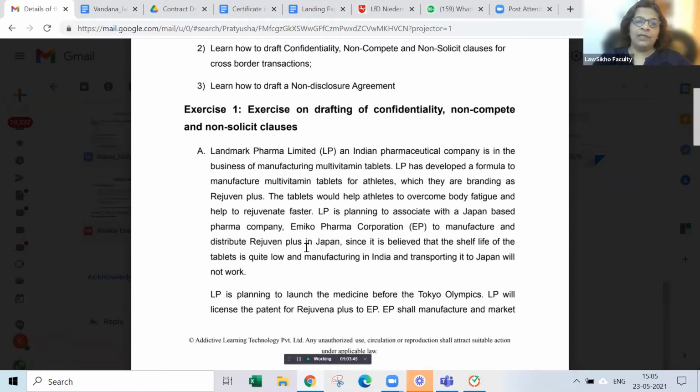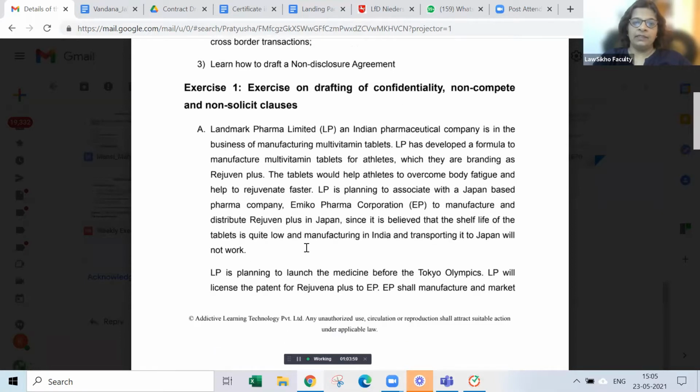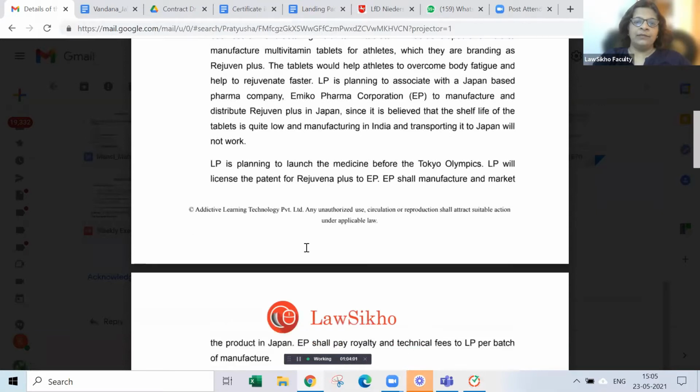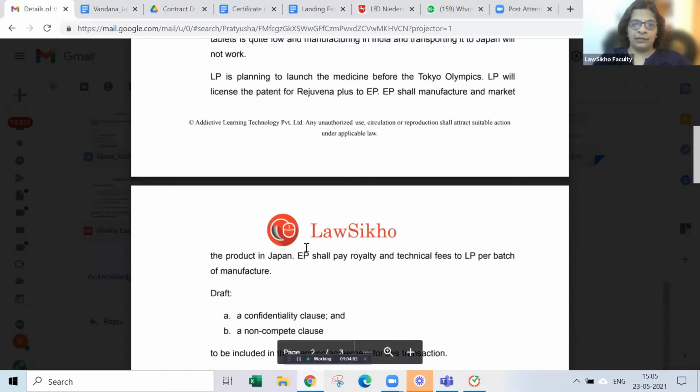So now LP is planning to launch the medicine before the Tokyo Olympics, and it will license the patent for Rejuven Plus to EP, the Japanese company. And the Japanese company will manufacture and market that product in Japan, and will pay royalty and technical fees to the Indian company for manufacture of that medicine.